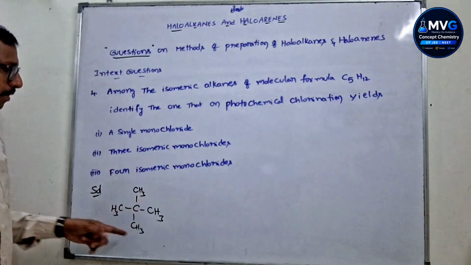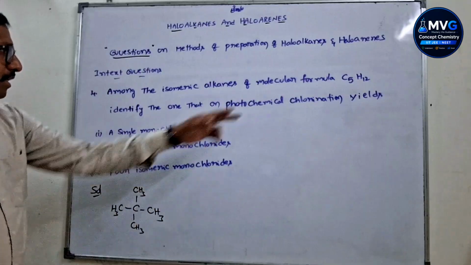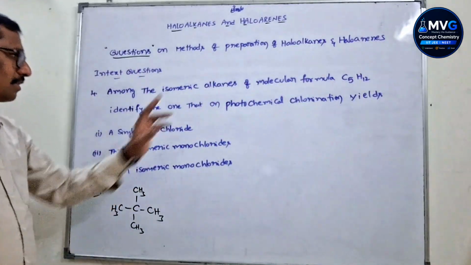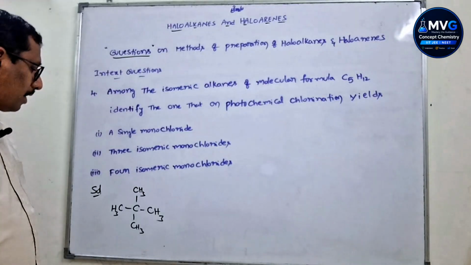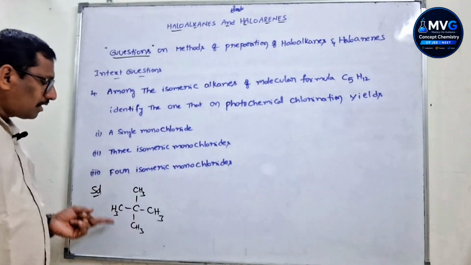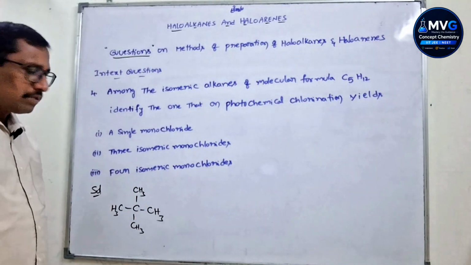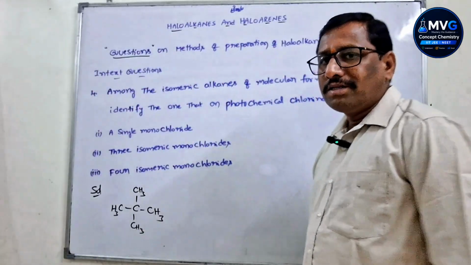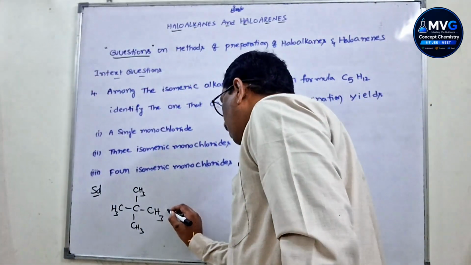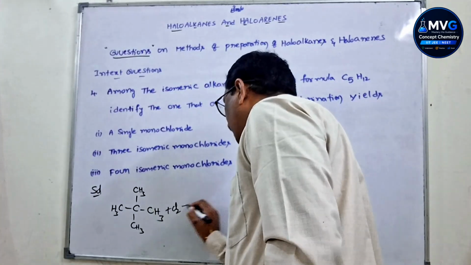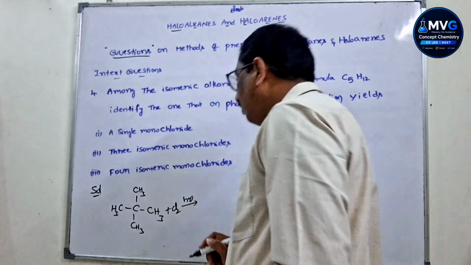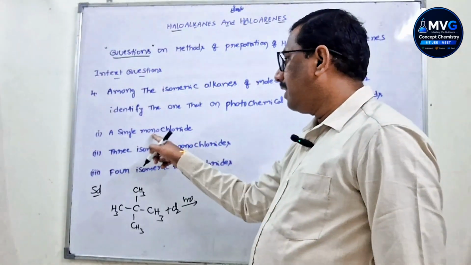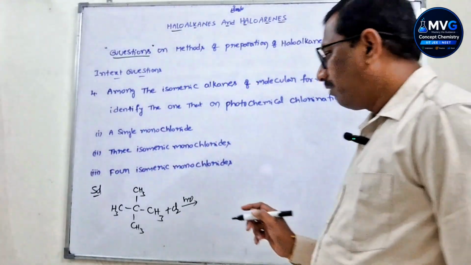Observe here, 5 carbons, 4 into 3, 12 hydrogens, so this compound satisfies that molecular formula. All CH3 groups are the same, so if chlorination happens here or here, all 4 carbon atoms are the same. Now with Cl2 in the presence of hν, it will give only one type of product, a single monochloride product, students.